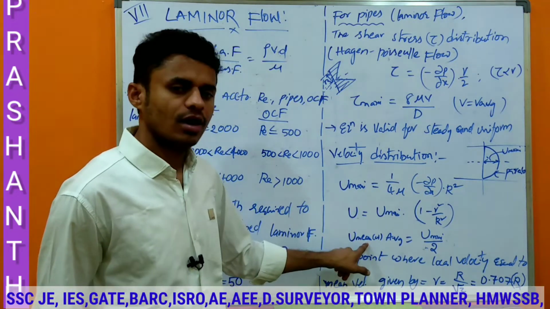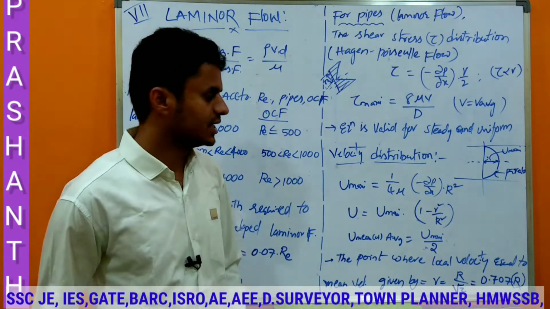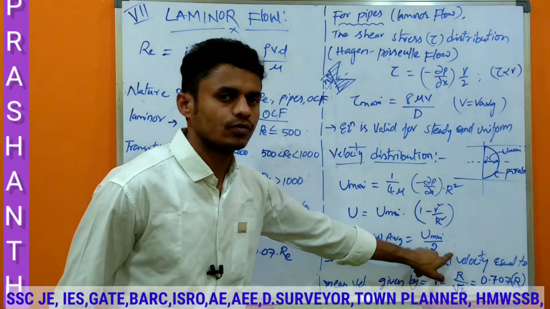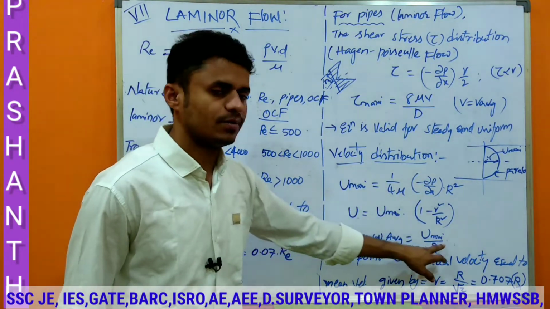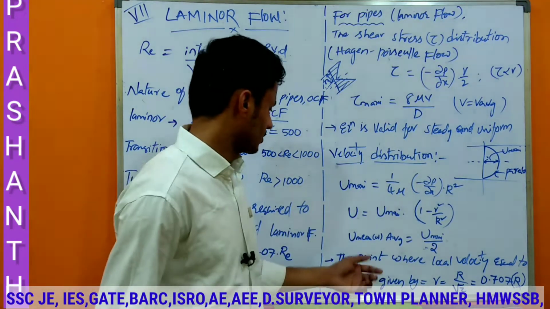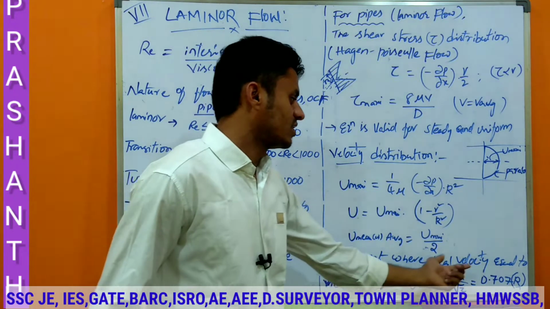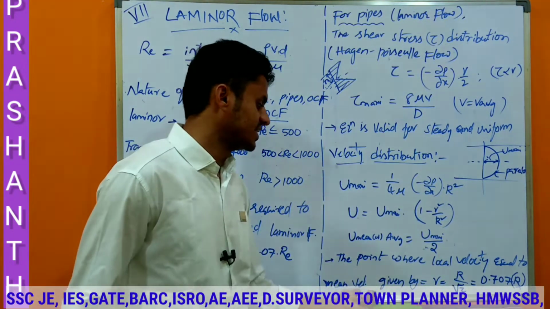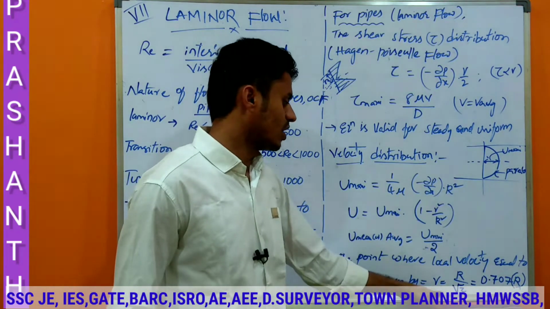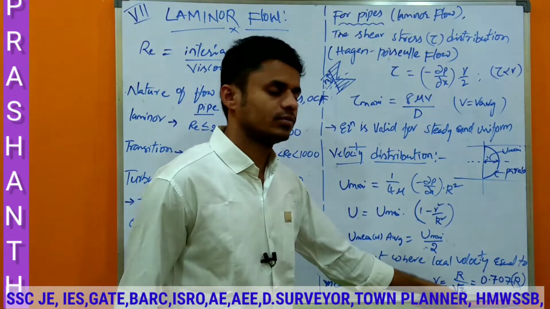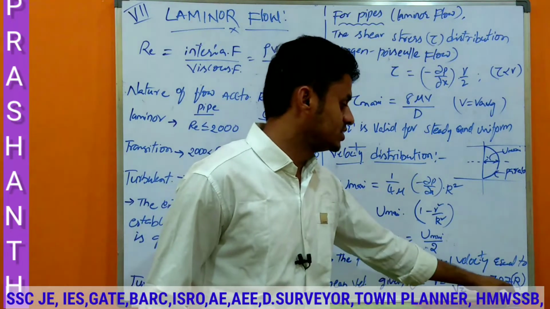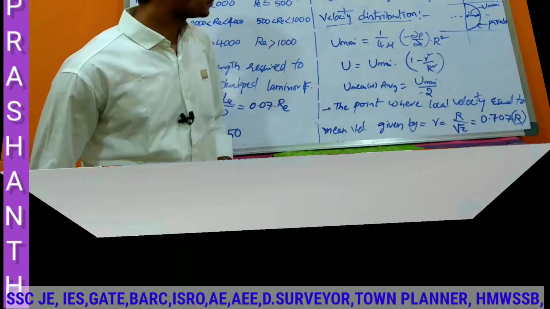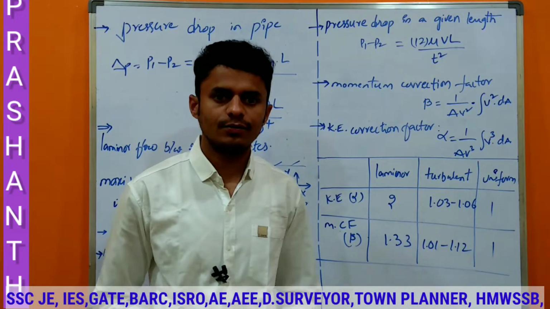U mean or average velocity equal to U maximum by 2. The point where the local velocity equals the mean velocity is given by small r equal to capital R by root 2. That value equals 0.707 into R.